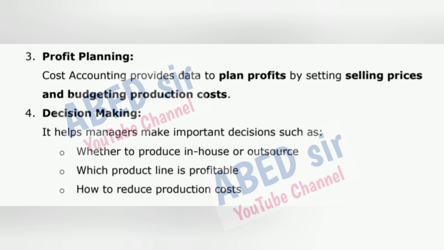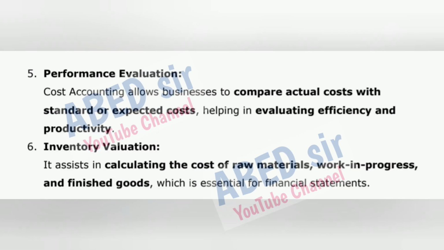Cost accounting provides data to plan profits by setting selling prices and budgeting production costs. 4. Decision making. It helps managers make important decisions such as whether to produce in-house or outsource, which product line is profitable, and how to reduce production costs. 5.